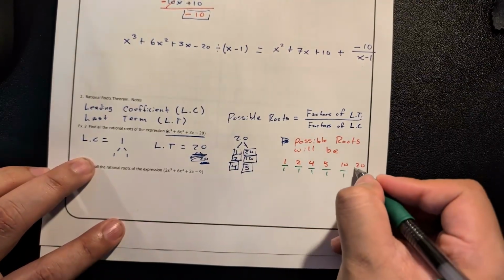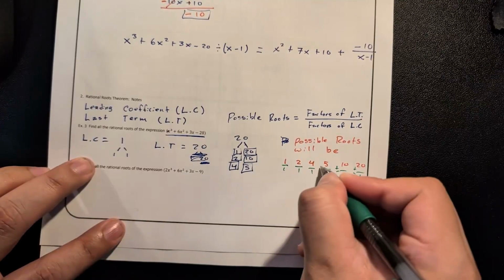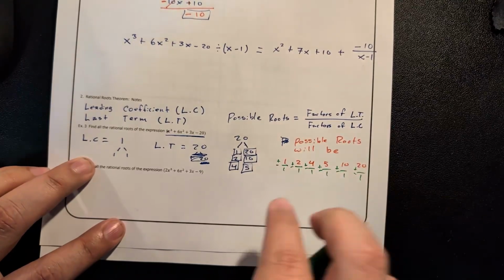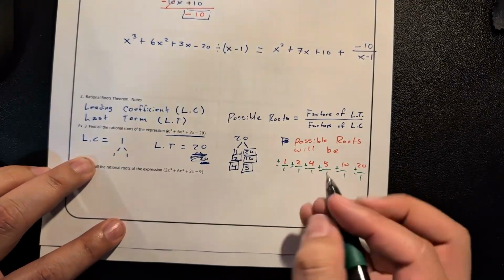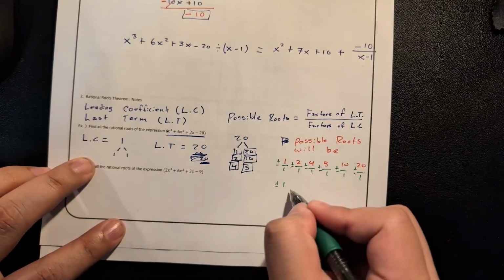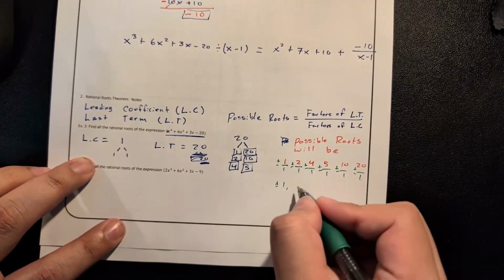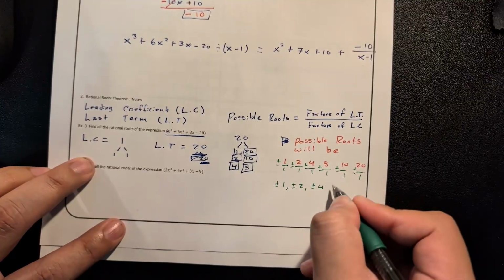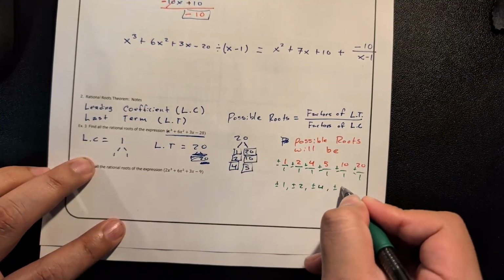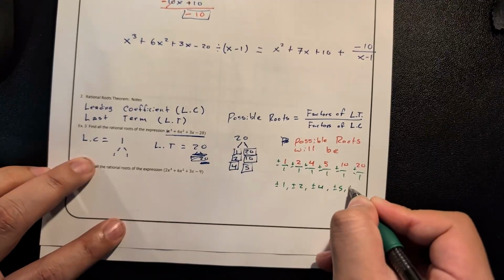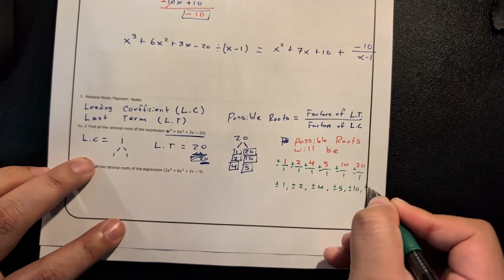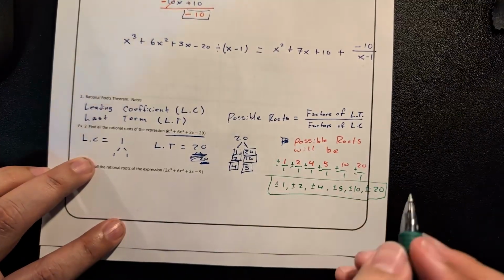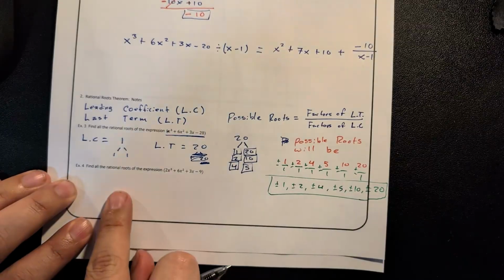And all of these are going to be plus or minus. So if I simplify this, 1 divided by 1 is plus or minus 1. Or 2 divided by 1 is plus or minus 2. 4 divided by 1 is plus or minus 4. 5 divided by 1 is plus or minus 5. And then plus or minus 10 and plus or minus 20. So these are all of our roots.